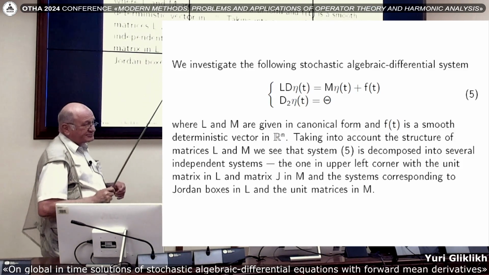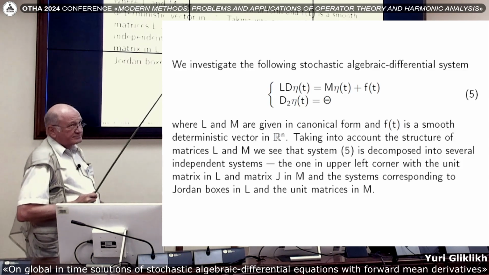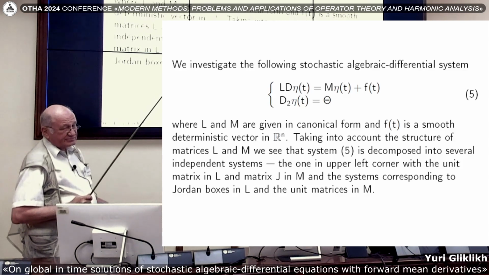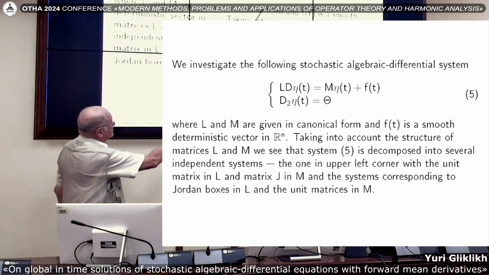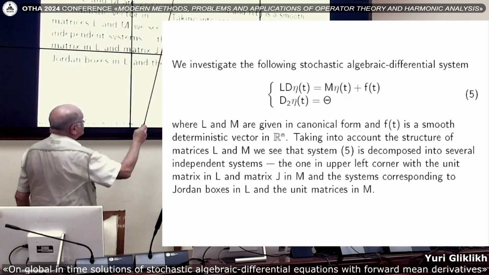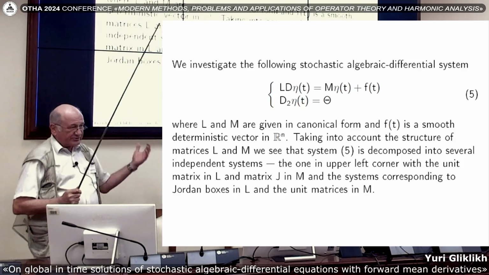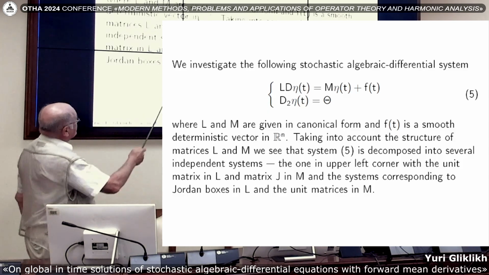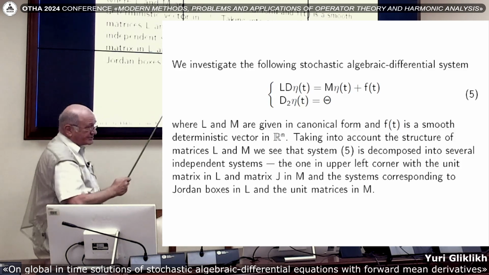Physical interpretation: it describes some electronic device. F is the incoming signal, and eta is the stochastic outgoing signal. The quadratic mean derivative is our theta.